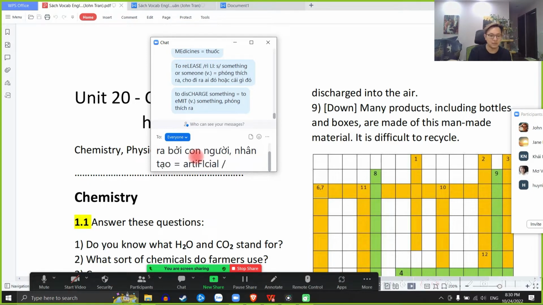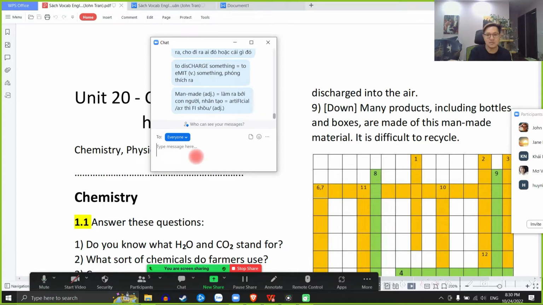Artificial, nhân tạo. Nhiều sản phẩm được làm ra bởi cái vật liệu nhân tạo này.